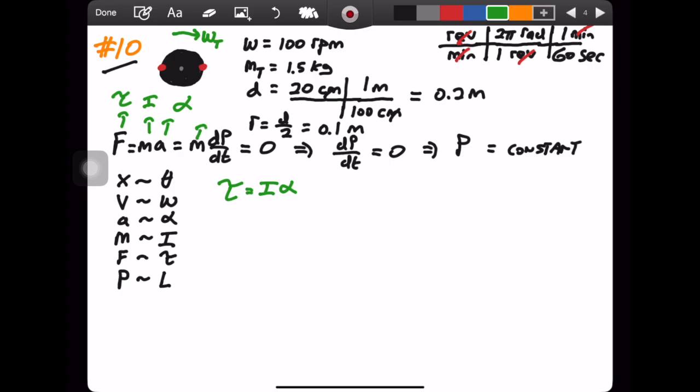This right here, mass, again, is moment of inertia, and momentum is angular momentum. So, because we're dealing now with rotation, torque equals I alpha, equals I times the time rate of change of angular momentum, L.